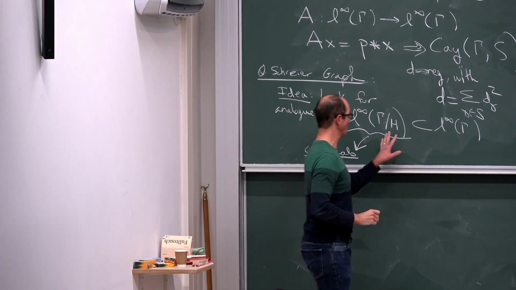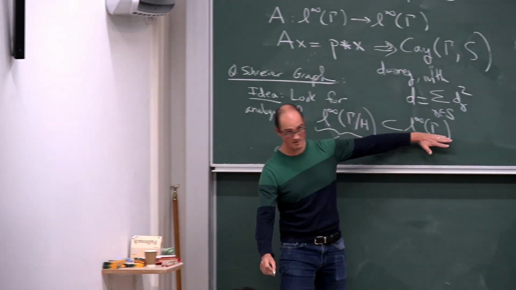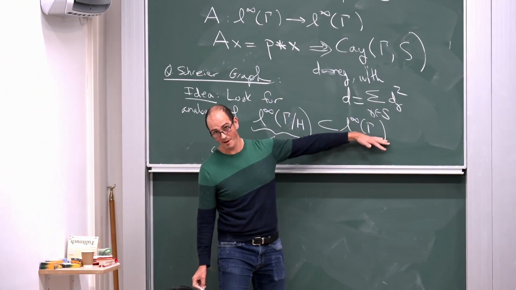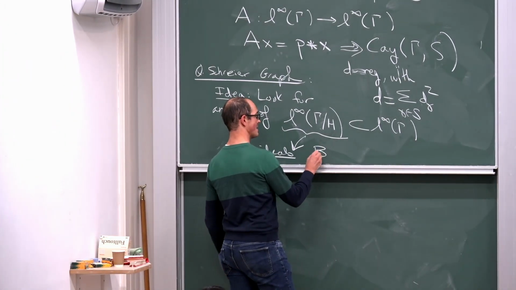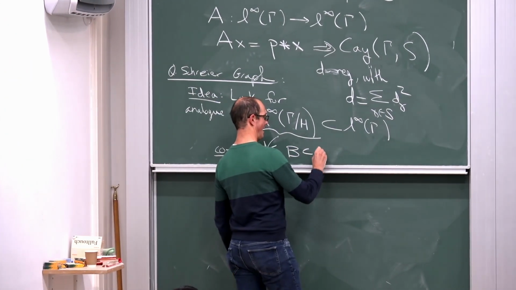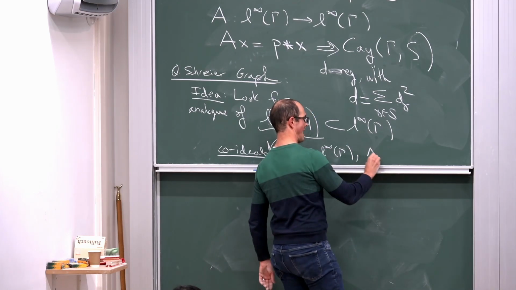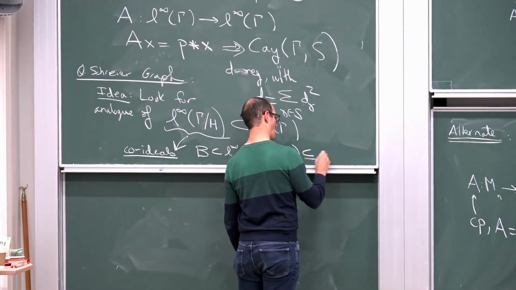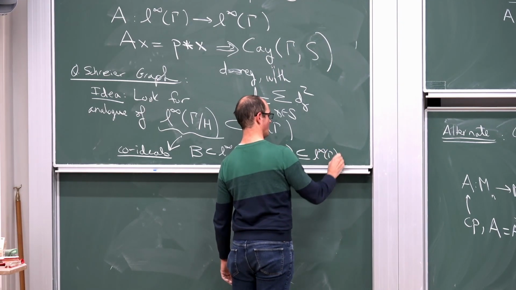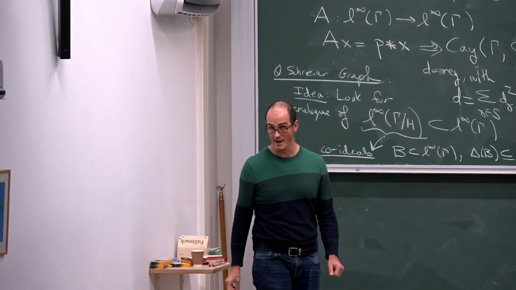Okay, these are generally von Neumann subalgebras which are covariant or invariant with respect to the comultiplication. So this is B inside of L infinity of gamma, satisfying the condition that delta of B is contained in L infinity of gamma tensor B. Okay, so these are what are called coideals.